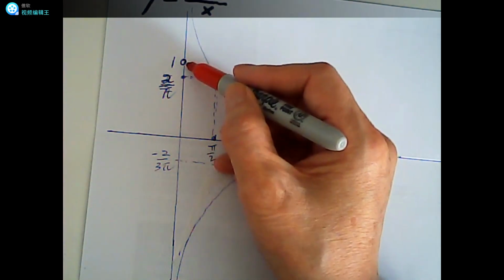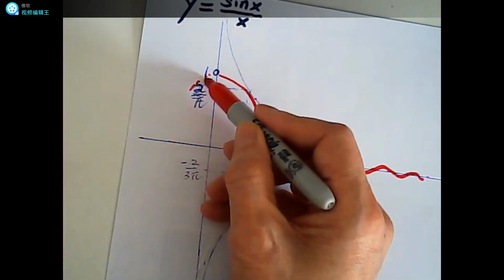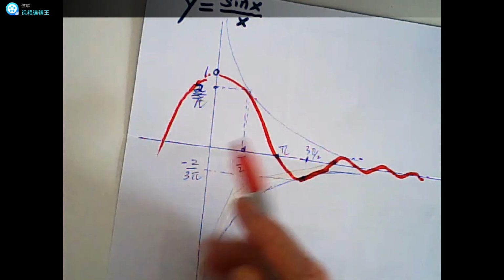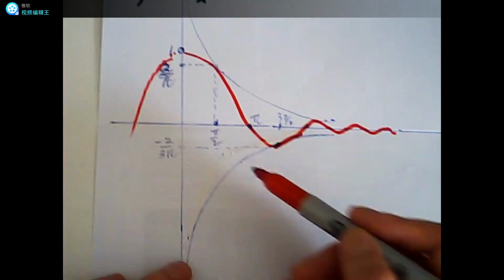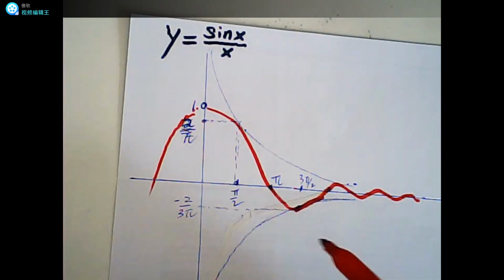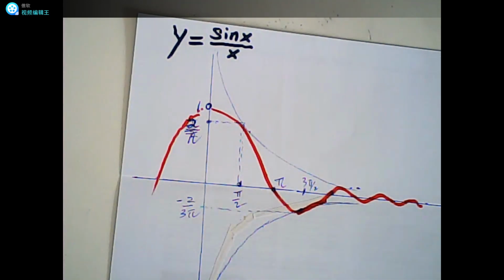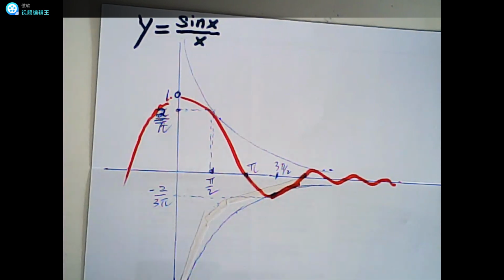The other half goes like this, the mirror image of that. Well, I cannot draw it nicely because it's not easy. Now let's take a look at the picture from the internet.